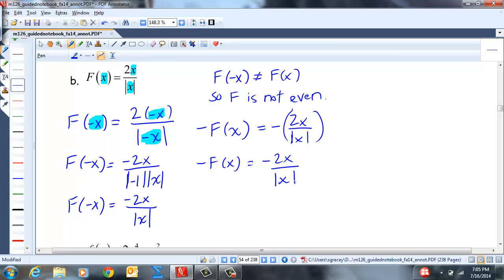So we've got some success here, right? So we can say f at negative x is equal to negative f at x. So f is odd. And we're done.